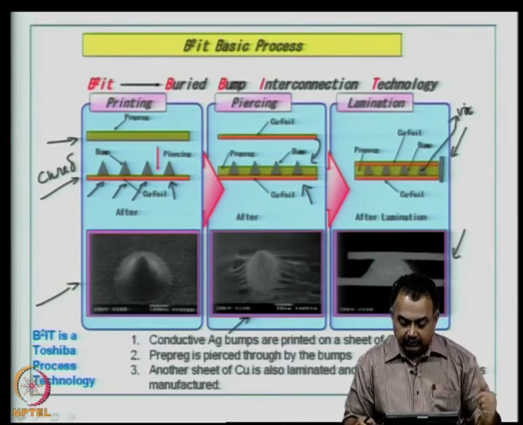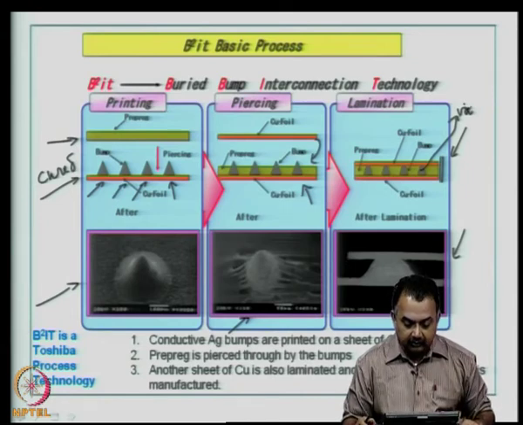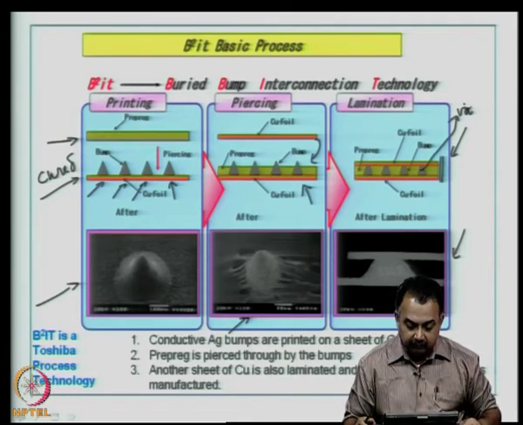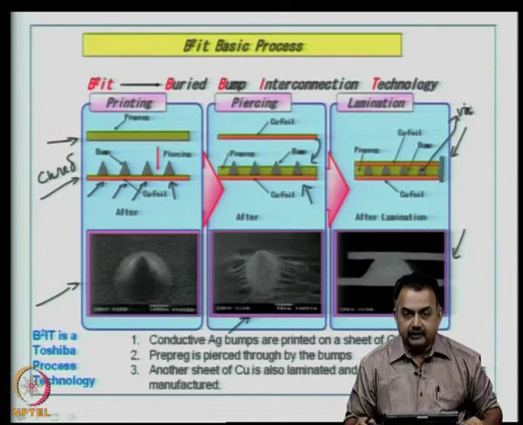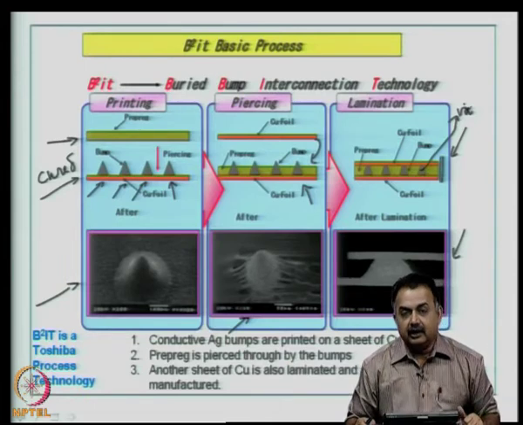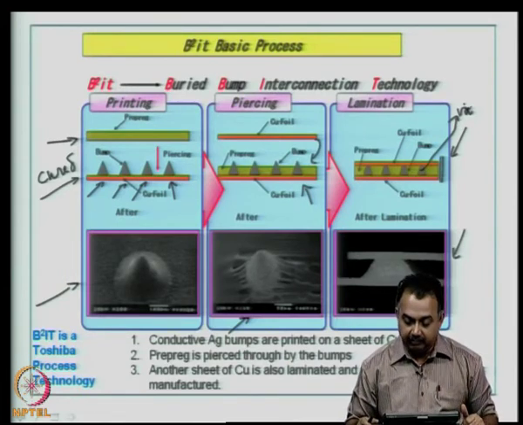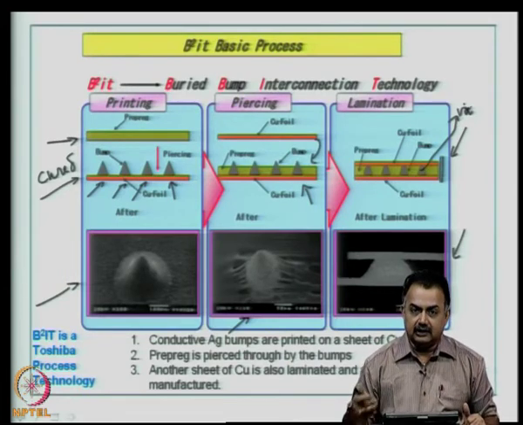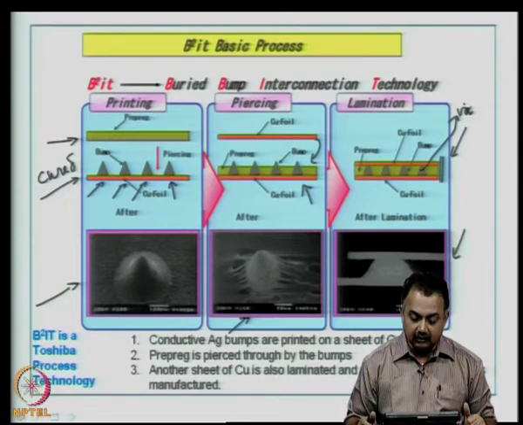So, what Toshiba has introduced in the form of B squared IT process is that you are able to prepare these kind of microvia structures using printing and simple copper foil prepreg methodology, just as you would have done in conventional multilayer boards.